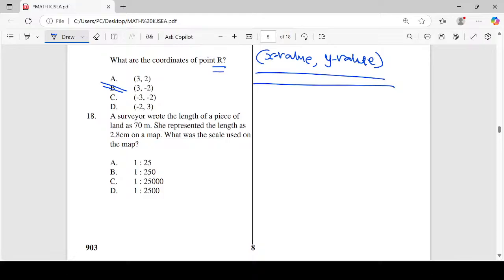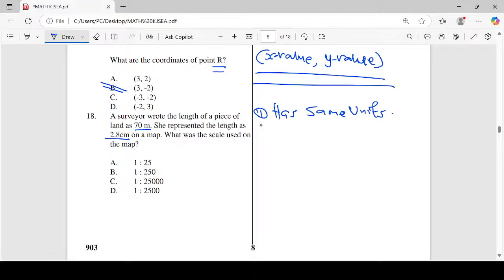Now, learners, when you talk about this ratio scale, one thing you must know, it always has the same units. If it's centimeters, everything should be in centimeters. But in your question, you have this one in centimeters and this one in meters. So we have to convert it.